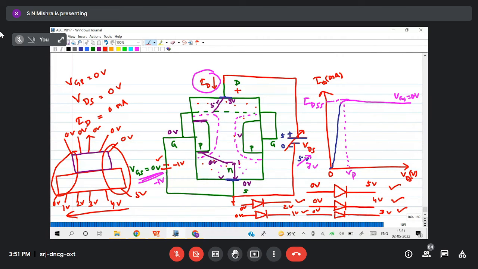Suppose instead of this 0, you see this diode structure. I am connecting -1. Then will the junction be more reverse biased or less reverse biased?